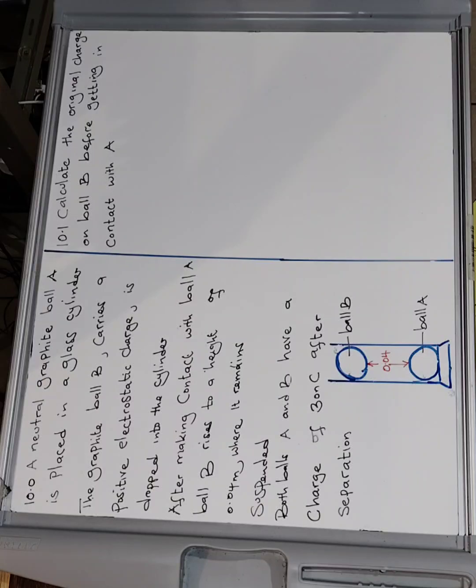The graphite ball B carries a positive charge, is dropped into the cylinder, and after making contact with ball A, ball B rises to a height of 0.04 meters, where it remains suspended. Both balls A and B have a charge of 30 nanocoulomb after separating. Now the question says, calculate the original charge on ball B before getting it in contact with A.